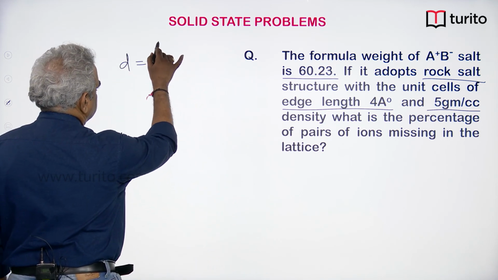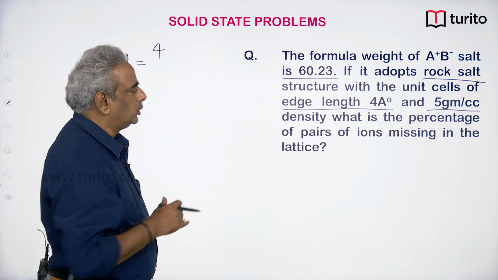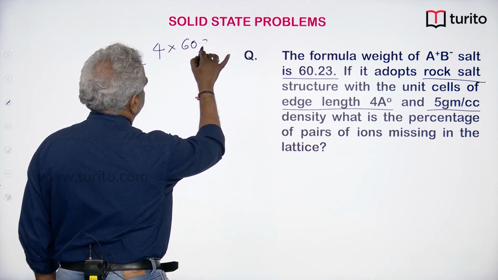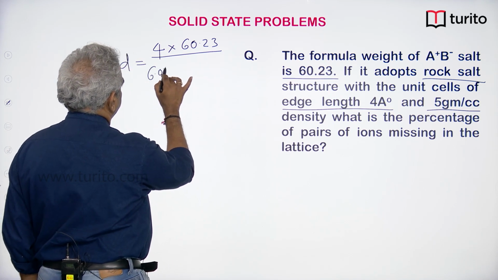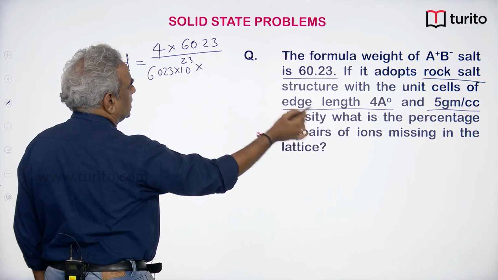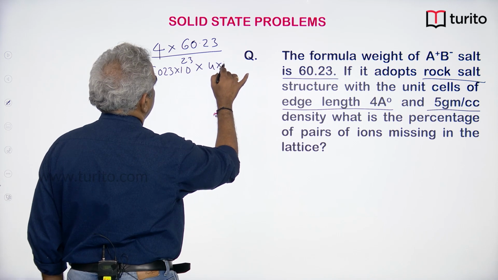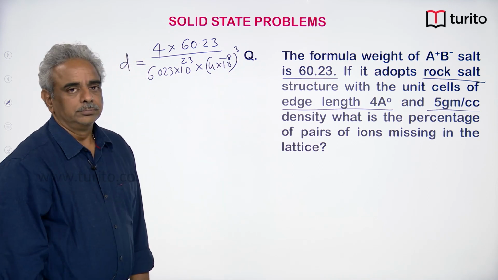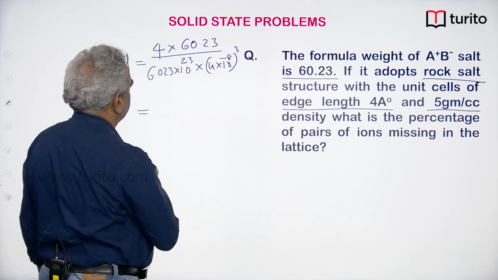Number of formula units 4, if the crystal is healthy, 4 into molar mass by Avogadro number into edge length cube, this is in angstroms, 4 into 10 power minus 8 cube, like this. So, what are you going to get?